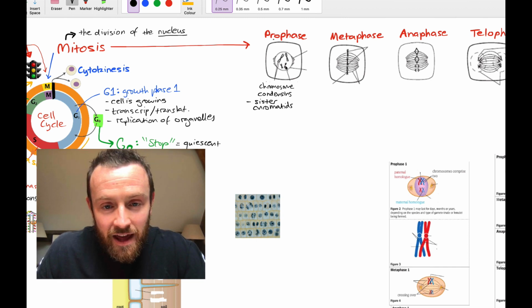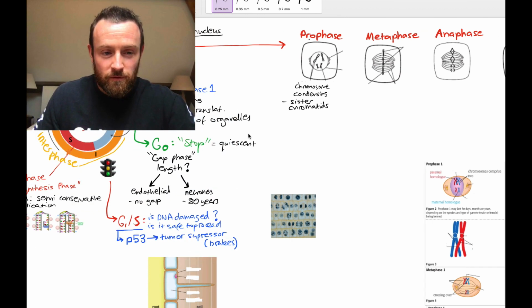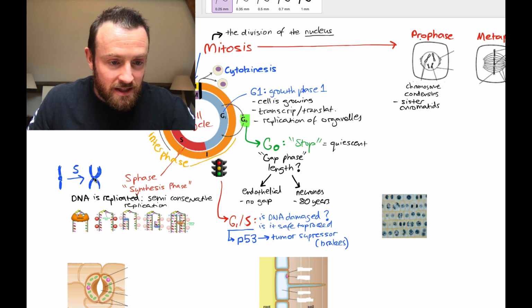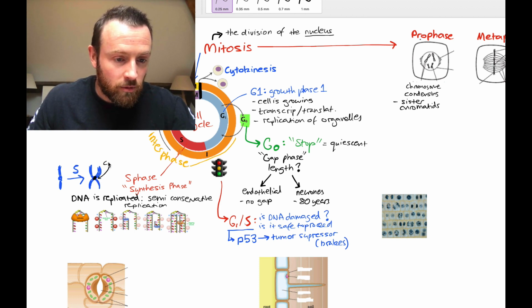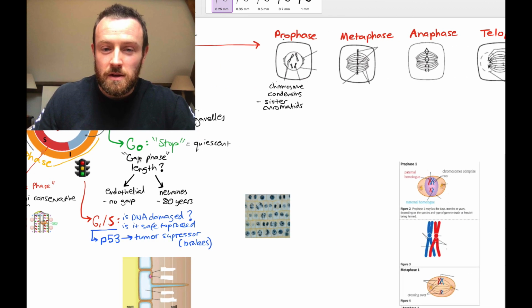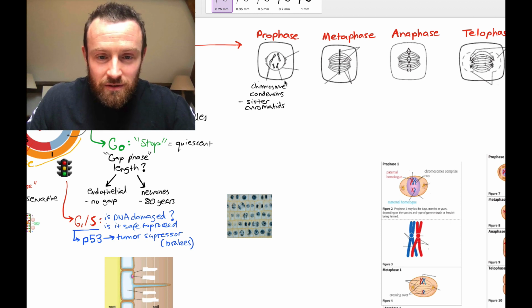Now in the center there, the central point of that X-shaped chromosome is called the centromere. And that's what this is pointing to there. Just about difficult to see, that's the centromere.